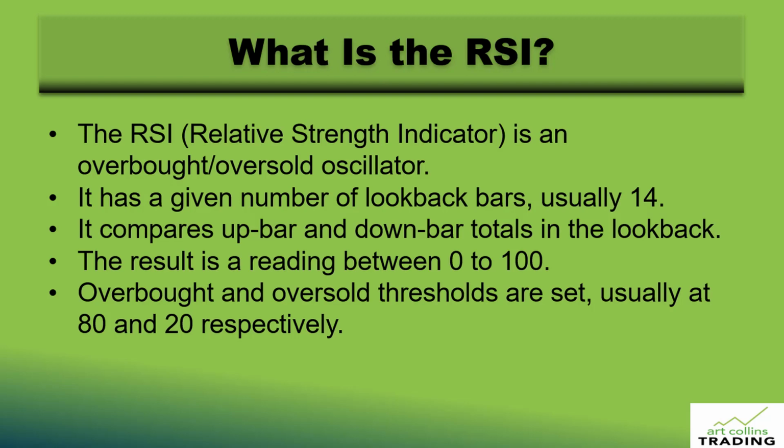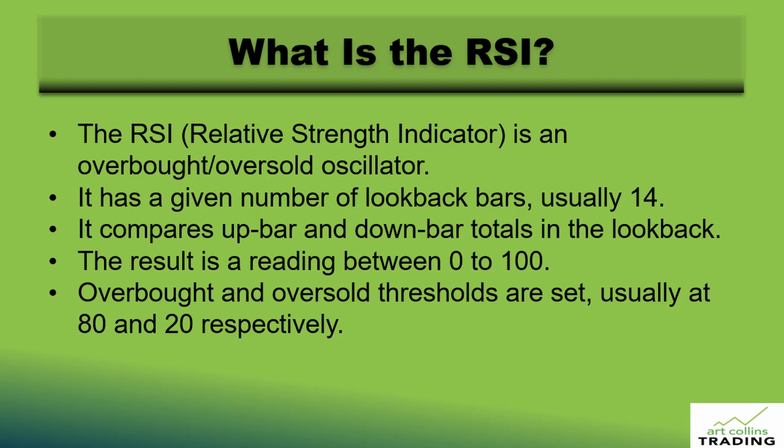And it's conventionally thought of as something that you want to use as a fade indicator. If your market is oversold, you want to be a buyer. If it's overbought, you want to be a seller. But I'm using it the opposite, under the theory that you don't go into overbought and oversold territory and then instantly back off.